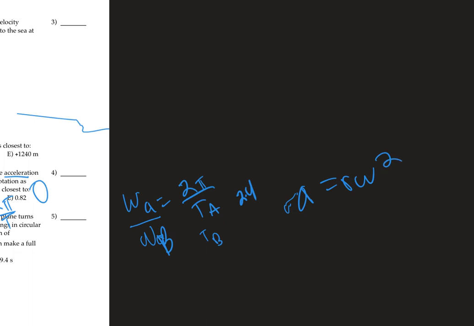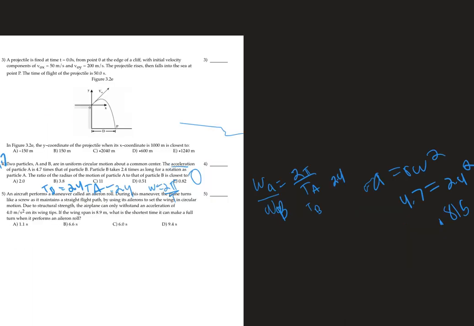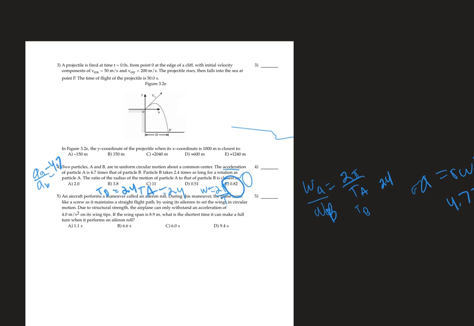So we're putting them all together: the acceleration is equal to 2.4, which is the time ratio squared, over A over B, right? And then that gives us 0.815, which in our answers is 8.82.